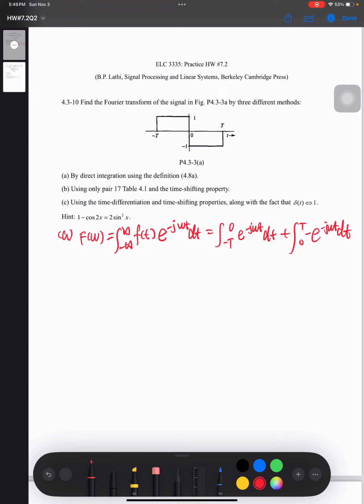We integrate to get 2 over j omega times (1 minus cosine omega T). So the final answer is 4 sine square omega T over 2.